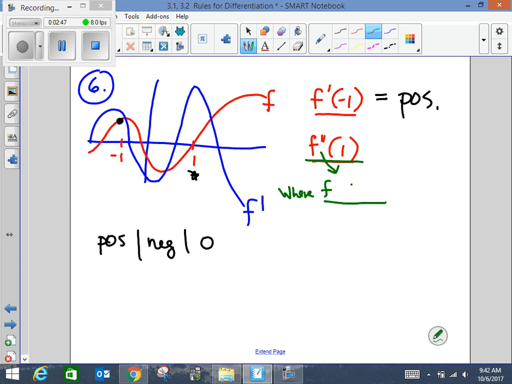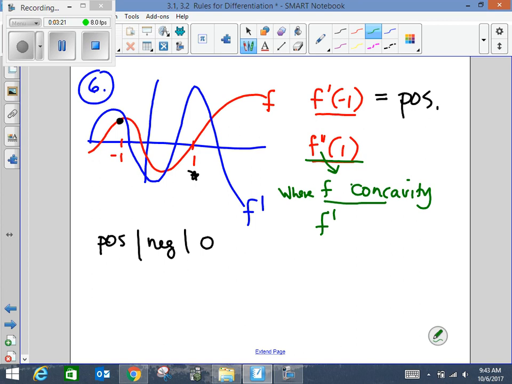What are we going to look at? Concavity, right. Okay, so we could look at what f prime is doing. What's f prime doing at 1? That seems kind of clear. So what's the slope then?